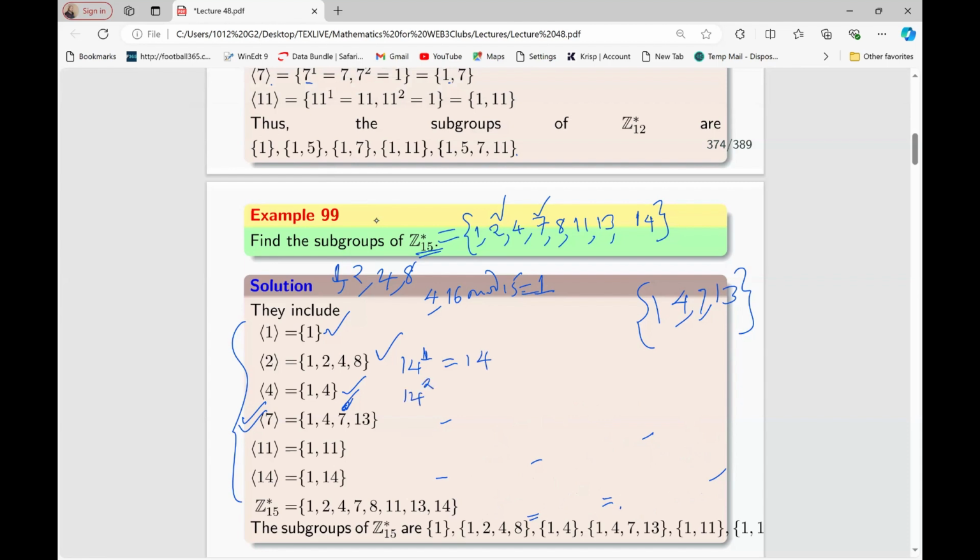Then 14 twice. 14 times 14 is 196. Mod 15, that is 1. So 14 generates itself and then 1. This is the subgroup generated by 14. The other subgroup is the group itself.